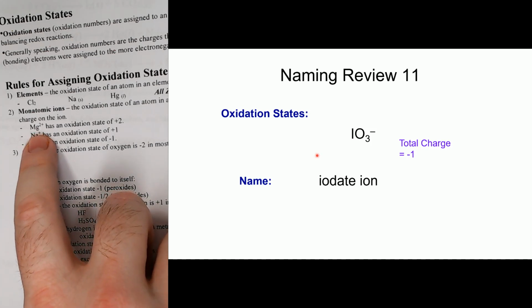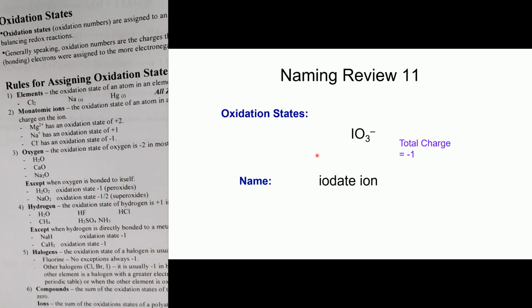No, there's no monatomic ion. Oxygen is present, so up here we're going to put negative 2. Negative 2 times 3 is negative 6. So some number plus negative 6 gives us negative 1. That some number clearly has to be positive 5. So positive 5 divided by 1 will give us positive 5. So the oxidation state of iodine in iodate is positive 5.